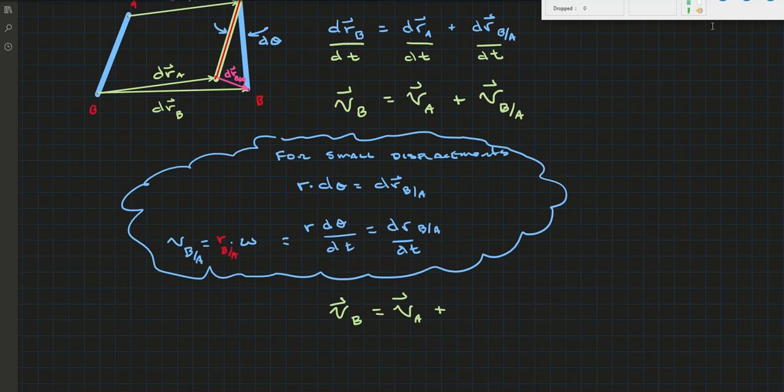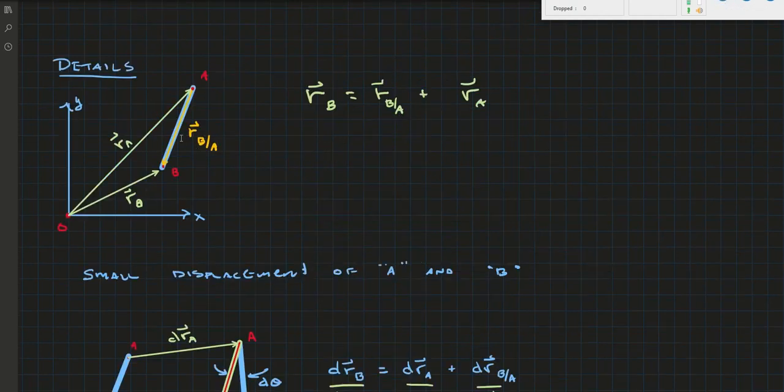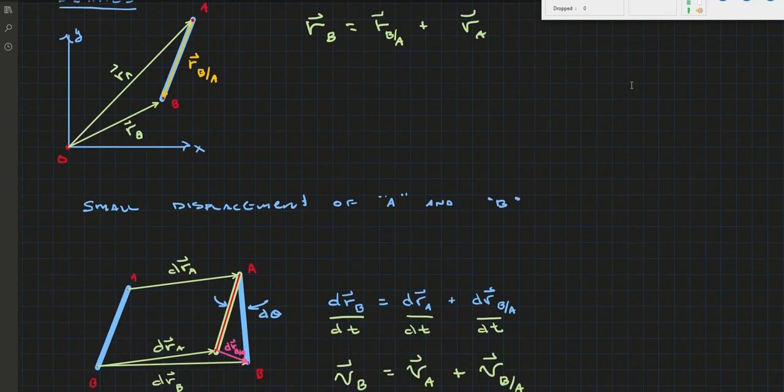Or in vector form, we'll present this as omega cross R of B with respect to A. And this profound relationship makes life really easy for us. And it's easy because we can quickly, usually, determine R of B with respect to A from a fixed point by just shooting two position vectors to our link in question.